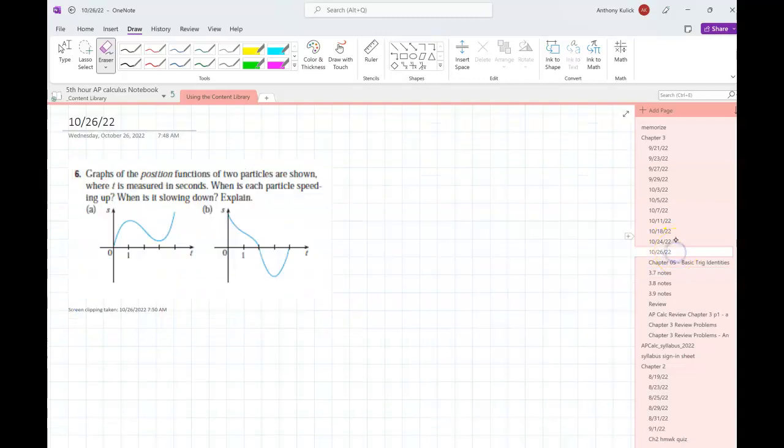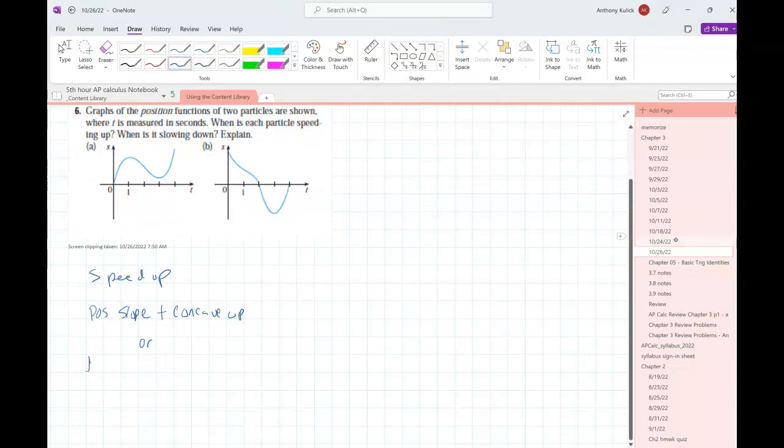Okay. So speeding up, we're looking for positive slope plus concave up, or we're looking for negative slope plus concave down.